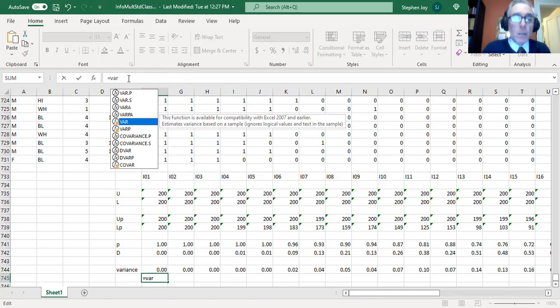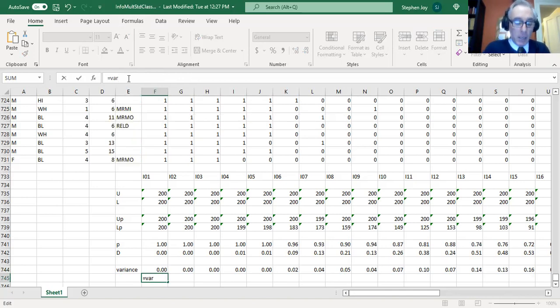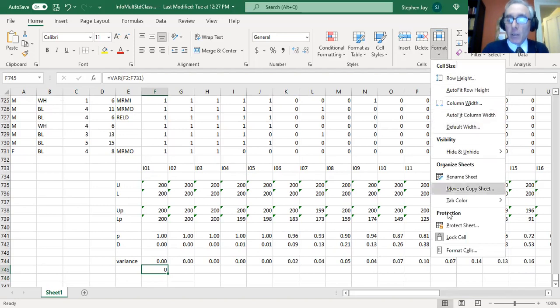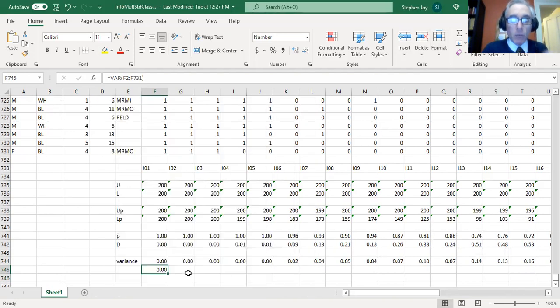We're doing the variance, and I'm saying F2 to F731, and poof, there it is. I can then change the format if I wish to make sure that I have something to the right of the decimal. That's just for it looking pretty visually.